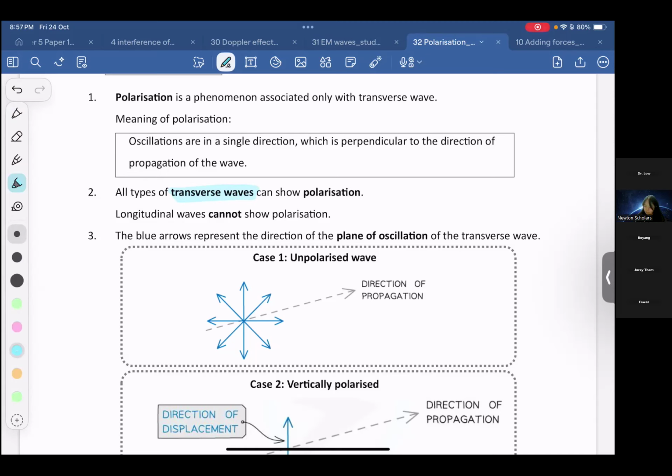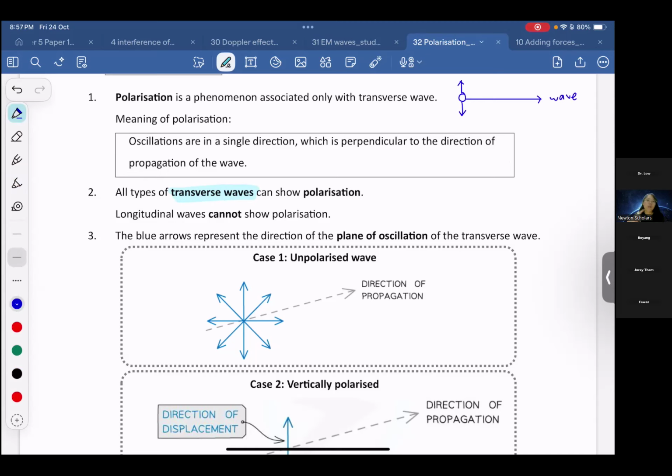Okay. Polarization is when the oscillation is in a single direction, which is perpendicular to the direction of propagation, because a transverse wave moves up and down, and this is the direction of the wave, perpendicular.